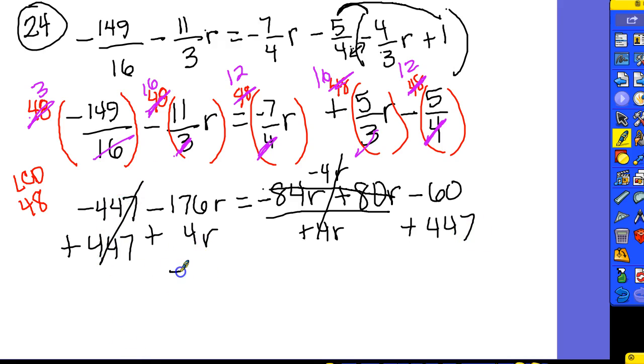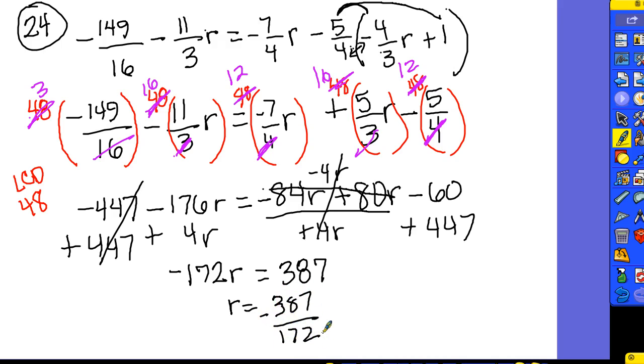And that gives us negative 172R equals 387. And then all we have to do is divide, of course, by negative 172. So that's going to be negative 387 divided by 172.